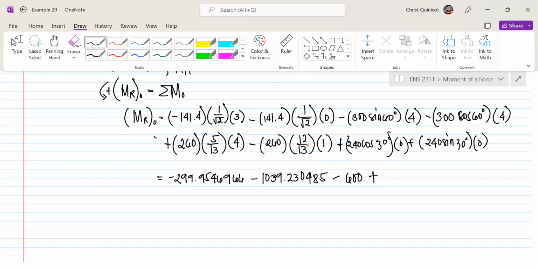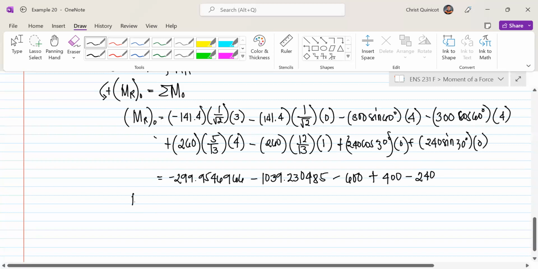And then plus 260 times 5 divided by 13 times 4, plus 400, and then minus 260 times 12 divided by 13 times 1, that's 240, minus 240.